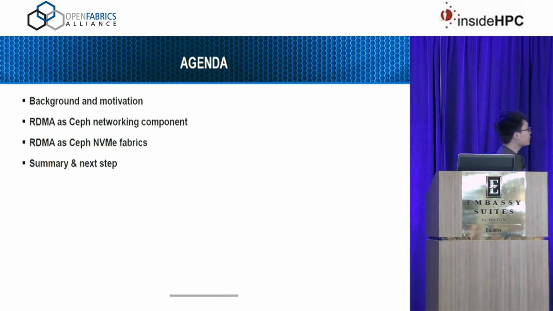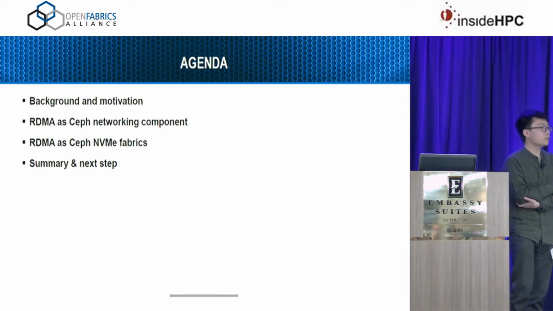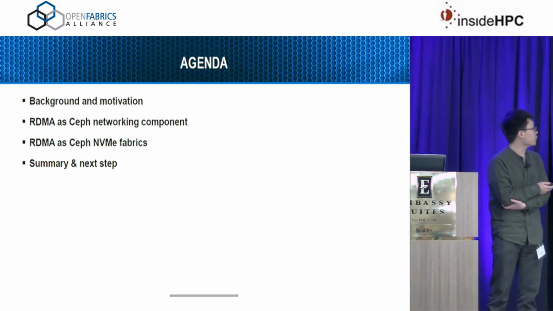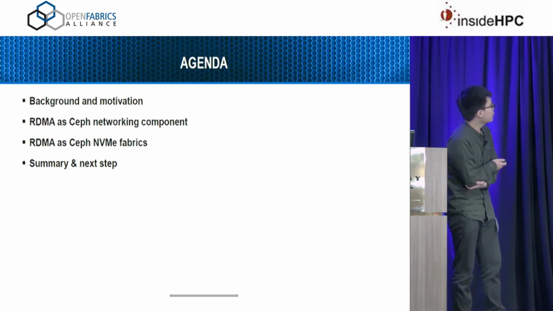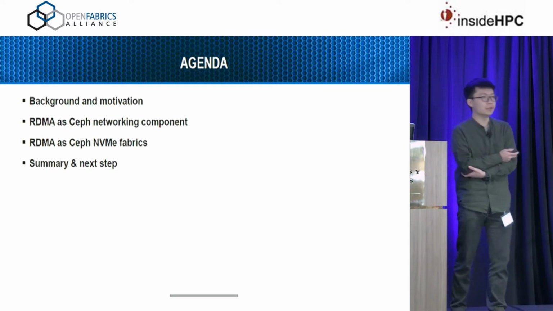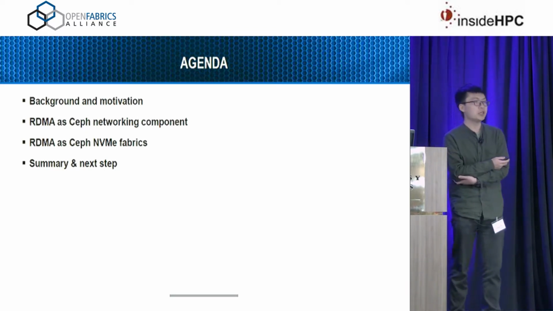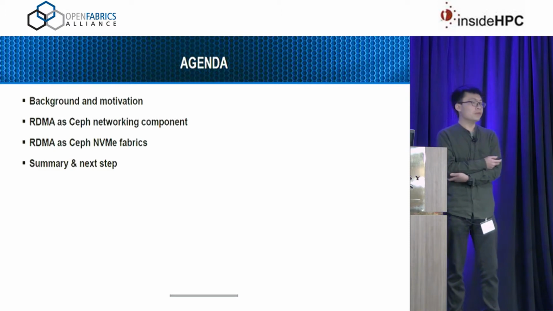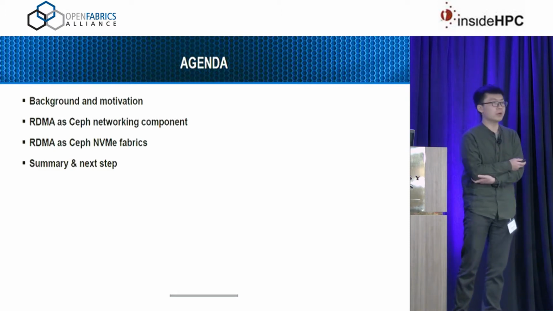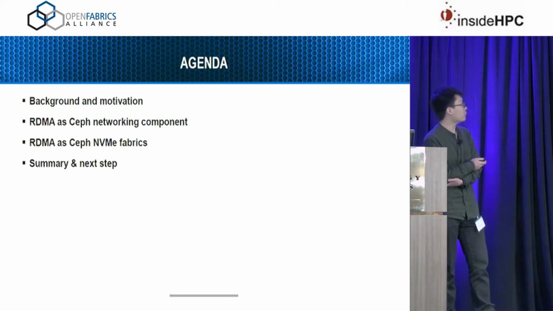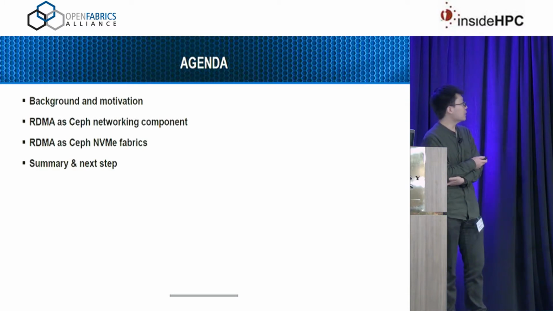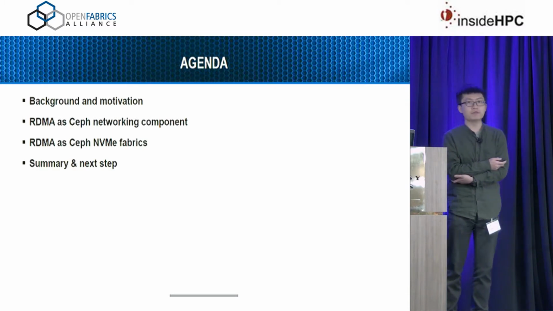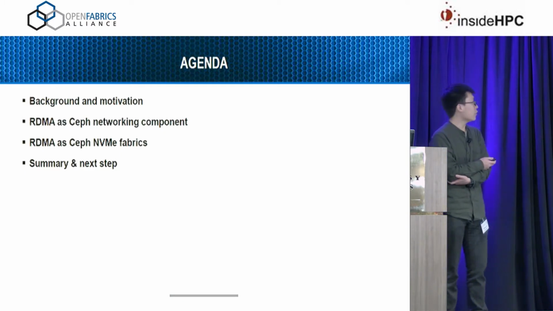So, the agenda. This talk will include two halves. The first half will introduce Ceph as an RDMA and Ceph networking component and how we achieve 70% performance benefit with RDMA. And in the second half, we will introduce how NVMe-oF influences Ceph 4K read-write performance.